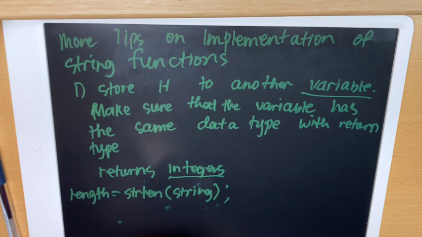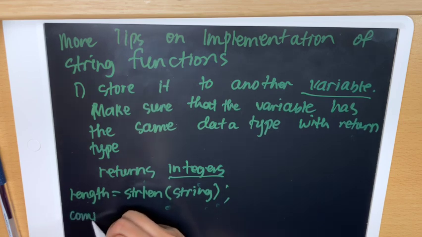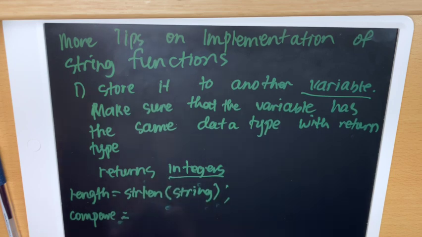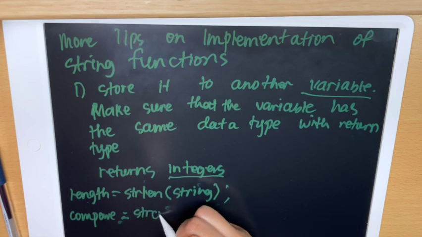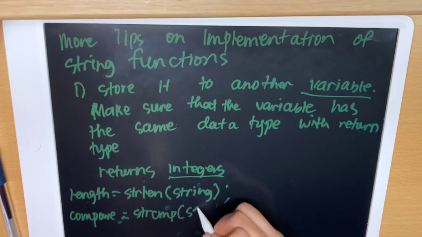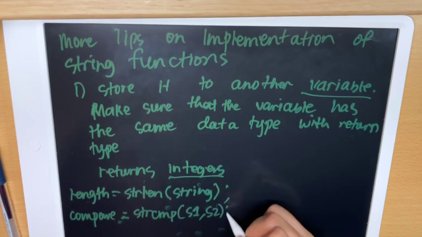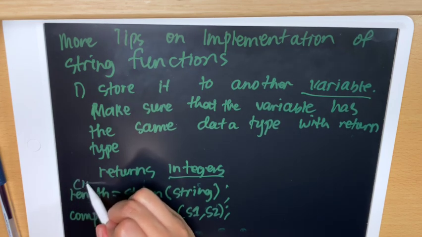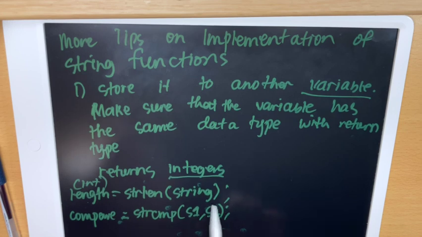What else? As well as string compare, which returns an integer, so you can store the compare value when you call string compare. So the data type should be integer; length and compare should be integers.